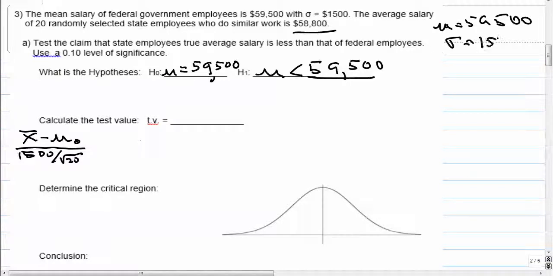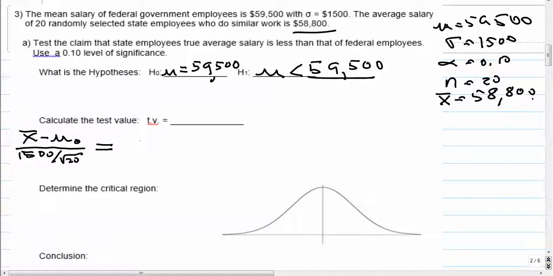Sigma is equal to 1,500. Alpha, 0.10, right? And n is equal to 20. But there you go. I always like to collect my data, really. But let's just plug everything in. So if you plug it into the formula, x bar is equal to 58,800, right? So get your information, plug it in, and you're going to come out with a test value of minus 2.088, somewhere around that, all right?